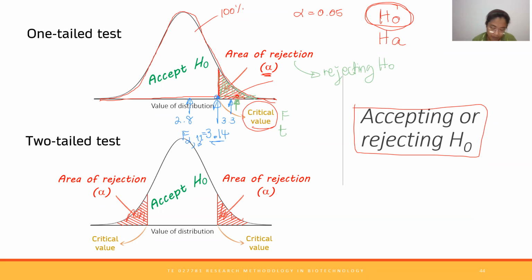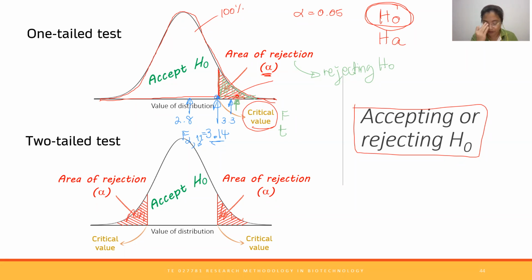The p-value is more or less the area covered from the point that you're calculating.